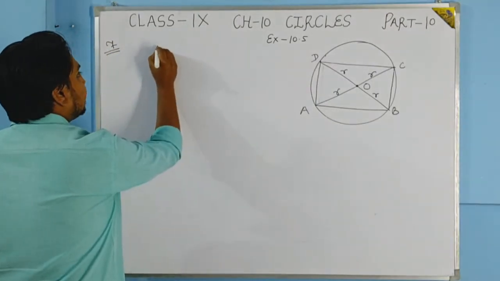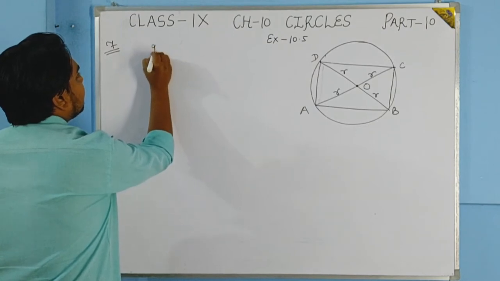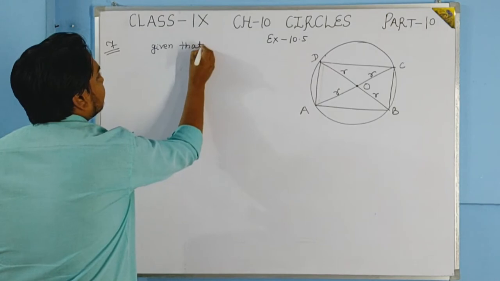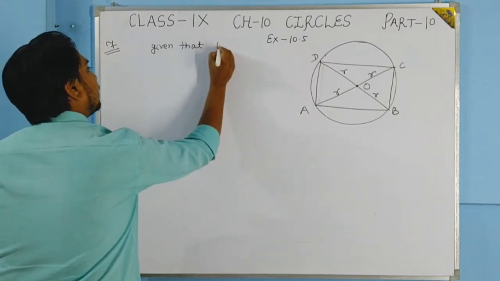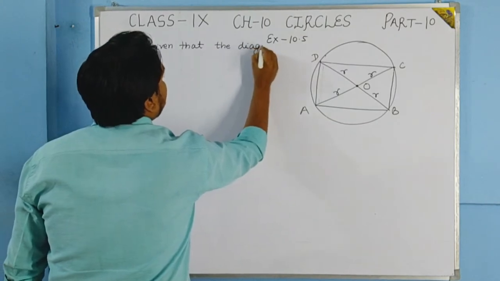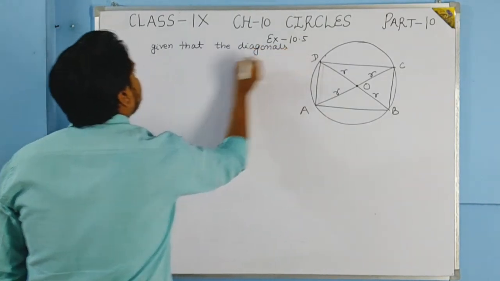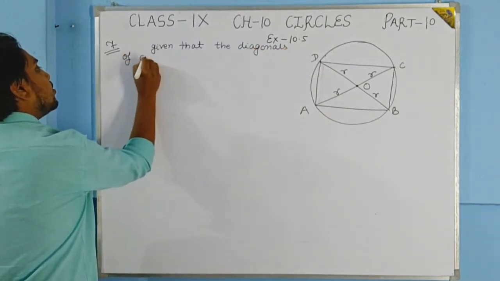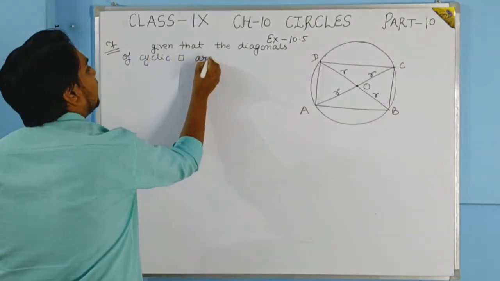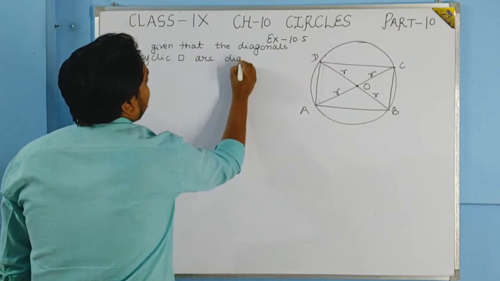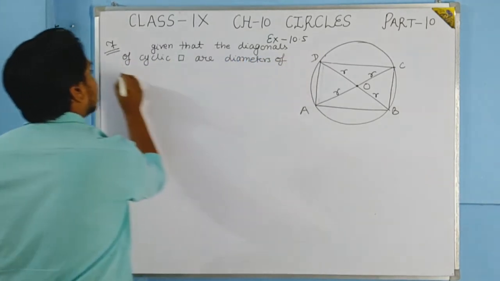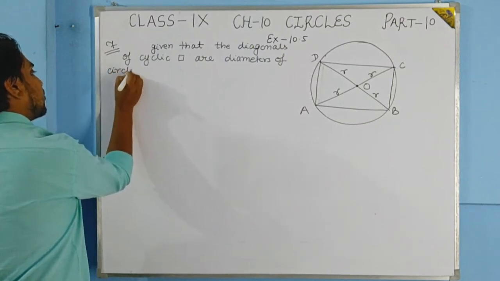So students, given that the diagonals of the cyclic quadrilateral are diameters of the circle.